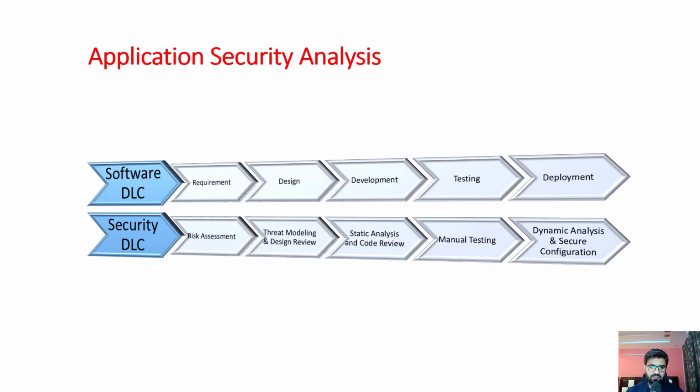During development, the penetration testing team conducts static analysis and code reviews through manual and automated approaches. During user acceptance testing, known as UAT, manual testing of the application is done to ensure no security loopholes are left behind.